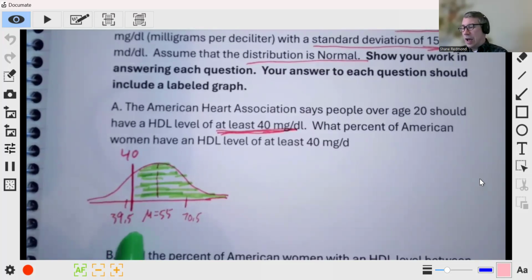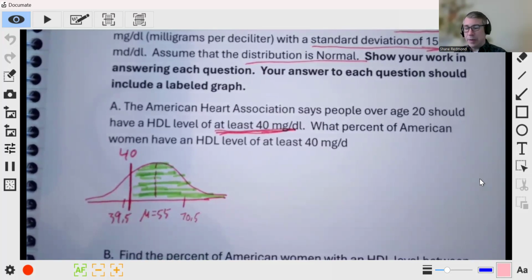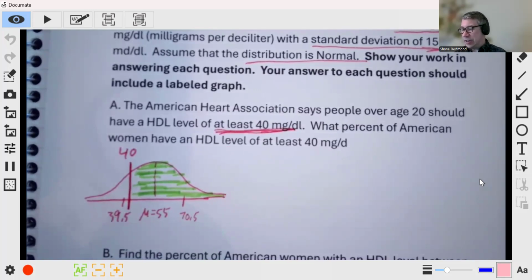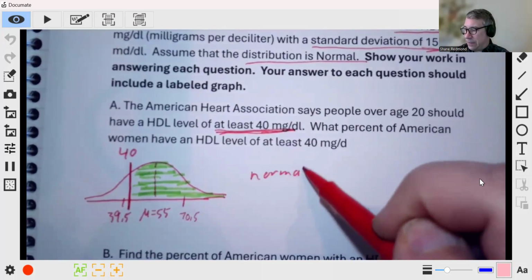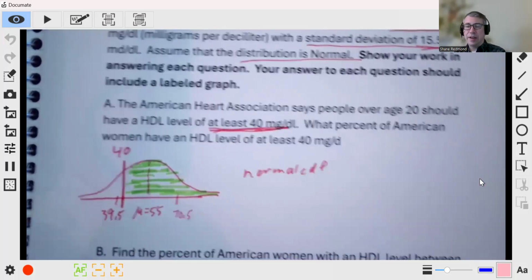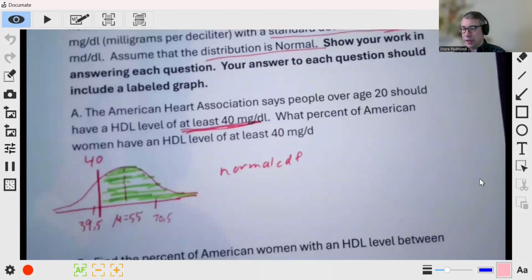So drawing the picture will help us with those values there, and it helps us get a rough guess of what this value is going to be. I think this value is going to be well over 50%, because well over 50% of my curve is shaded in here. So we will use the normal CDF command on the calculator to help us answer this question.